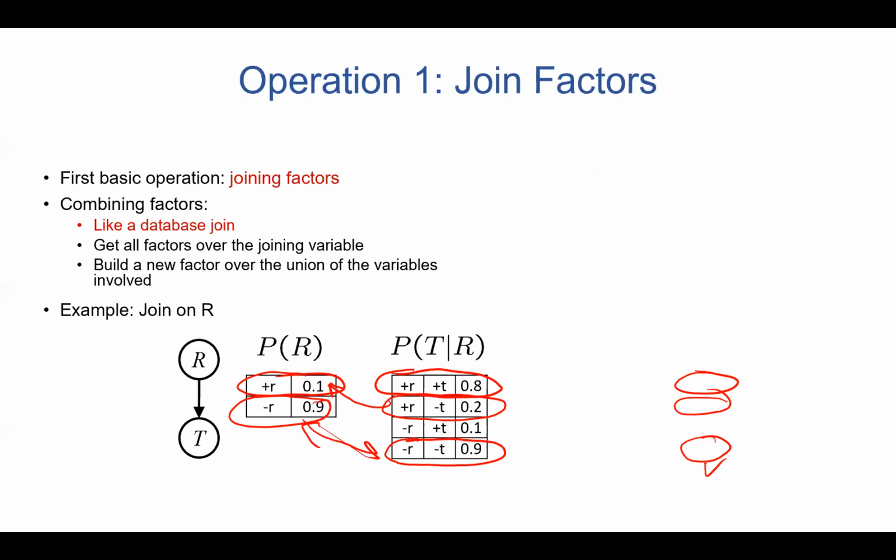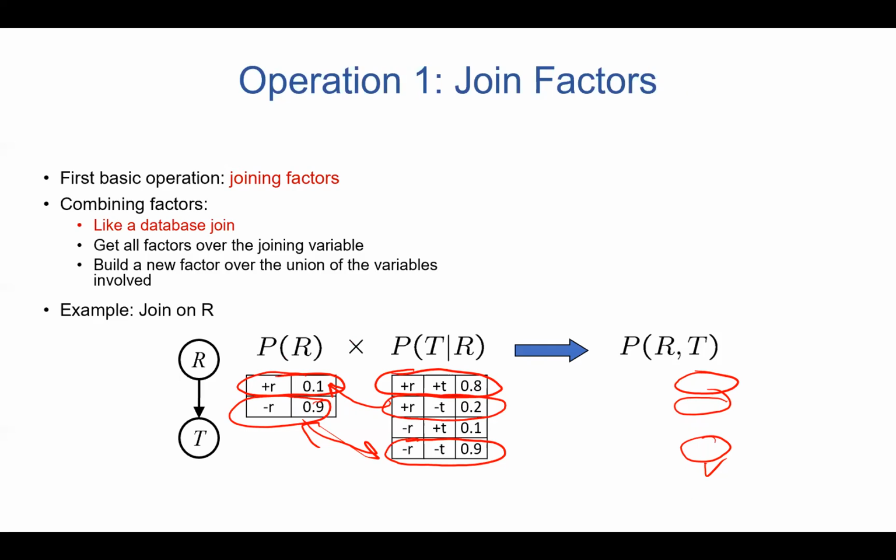So by joining, what we meant was multiplying 2 conditional probabilities together, right? Something like this, probability of R, and then we have probability of T given R, if we look at the Bayesian network structure. All we have to do is look at the consistent rows within 2 tables and multiply them together.